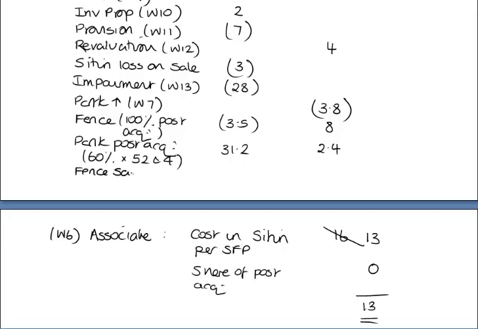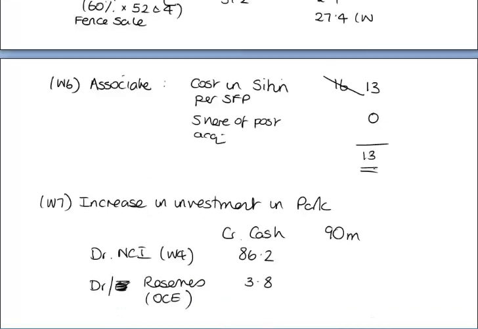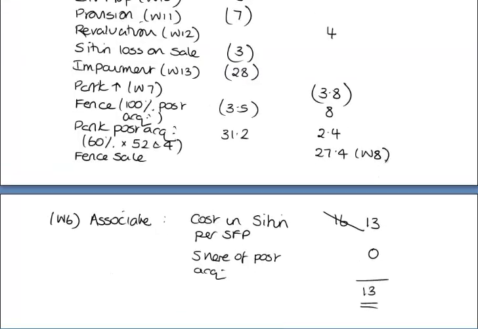Fence sale 27.4 from working number 8. Because it's an adjustment which goes directly through to equity. Right, yep, yep.